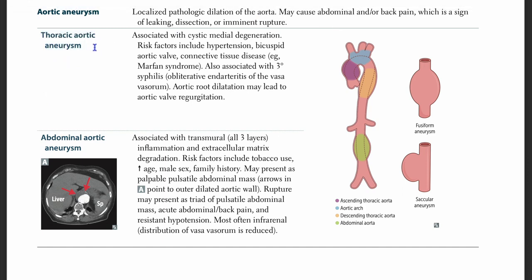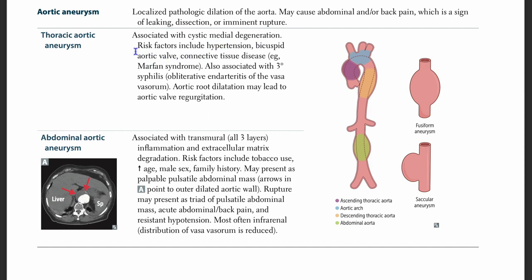Okay. Thoracic aortic aneurysm. So associated with cystic medial degeneration. So this is in the media, not the intima or externa, and that is being degenerated, right? Degraded, I guess. So risk factors include hypertension, bicuspid aortic valve, because normally you have a tricuspid aortic valve, right?